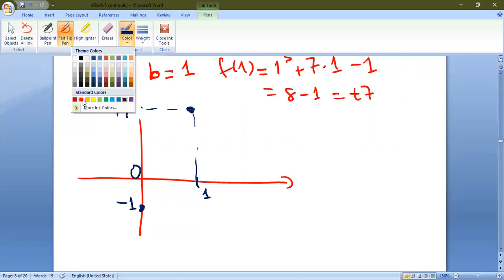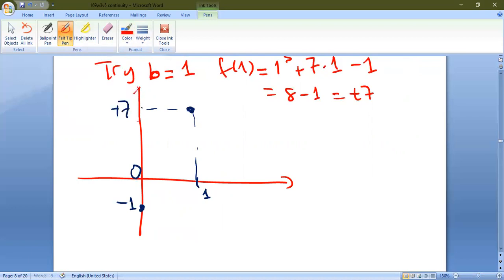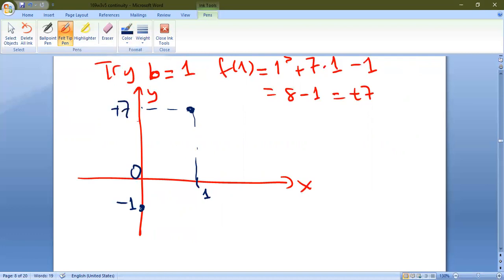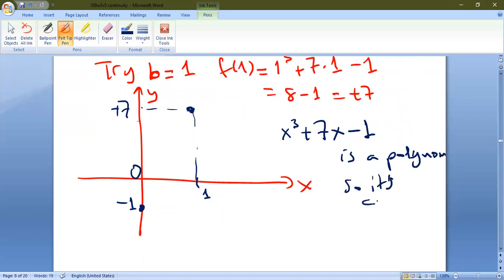So this means the function is a continuous function. By the way, x cubed plus 7x minus 1 is a polynomial, so it's continuous everywhere, also on the interval 0 to 1.